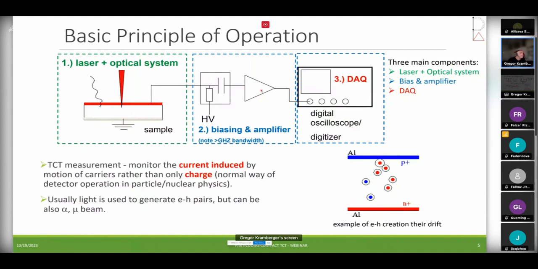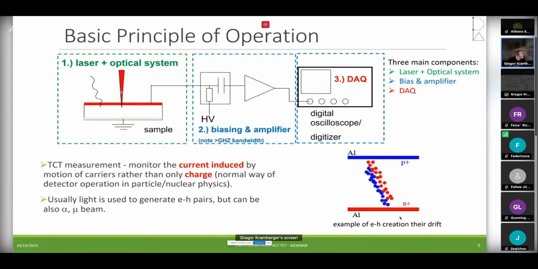And then you have a fast transient current amplifier. And the third part is a digital oscilloscope or a digitizer. And that is basically it. So it has 3 components, and you can study a lot of things with it. But this system can also be used with, instead of the laser, alpha particles.